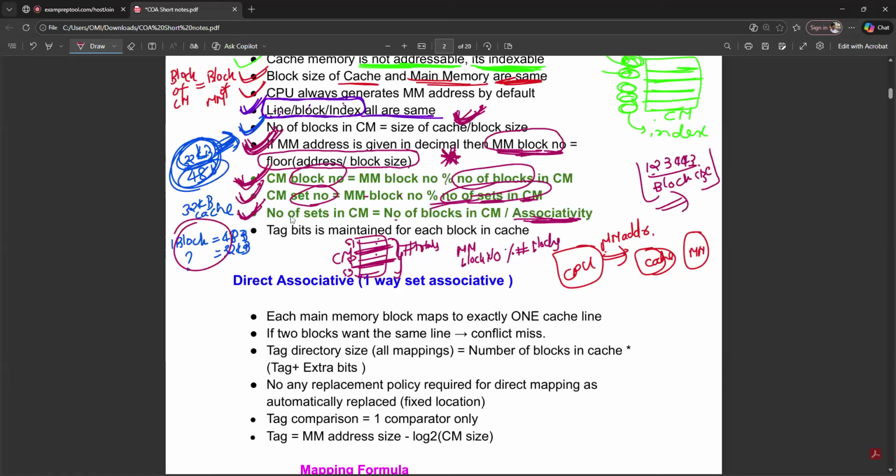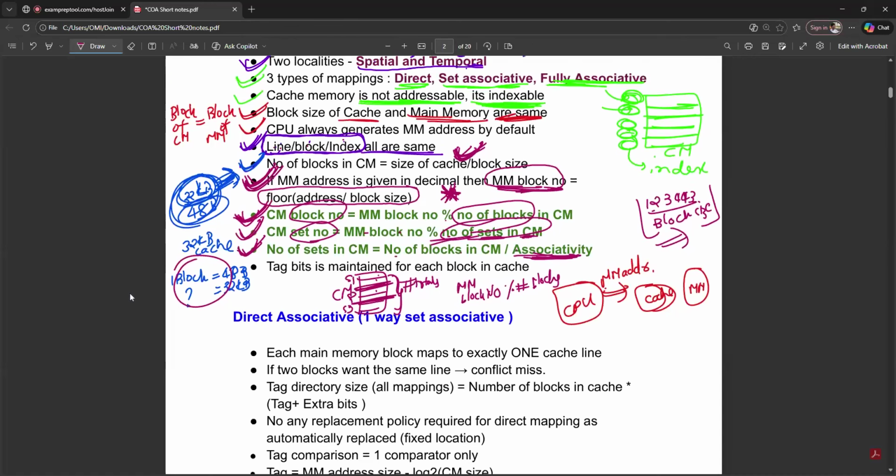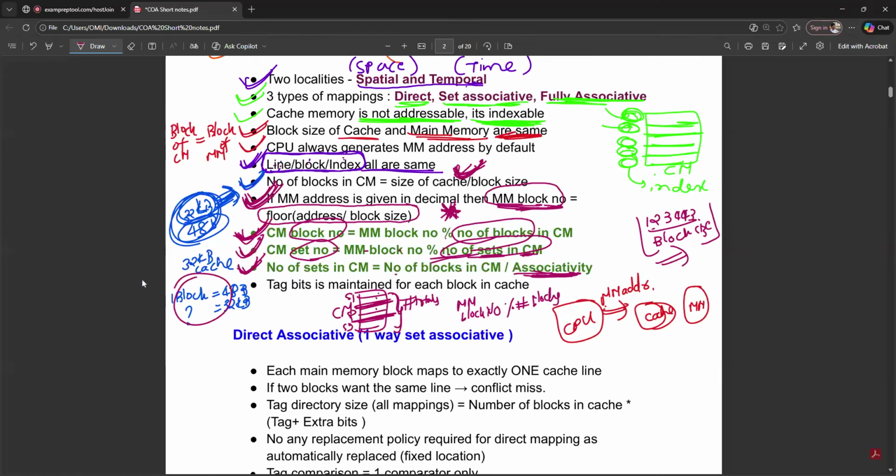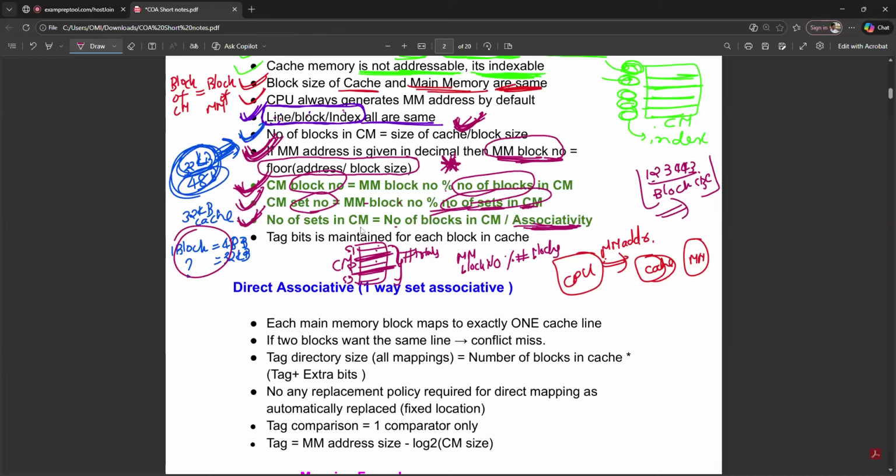Then you will get the total number of sets. I am not explaining it here because in the further slides I have covered what set associative means, and I will explain it there.